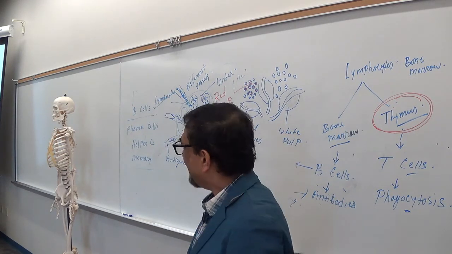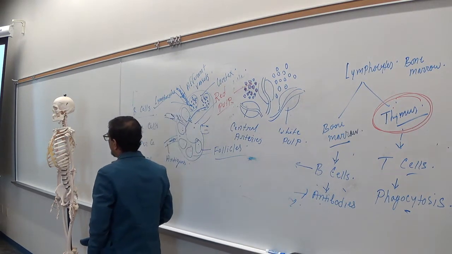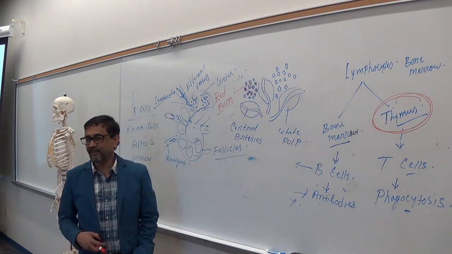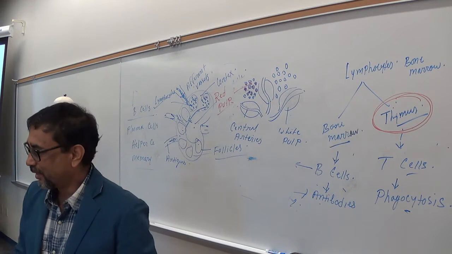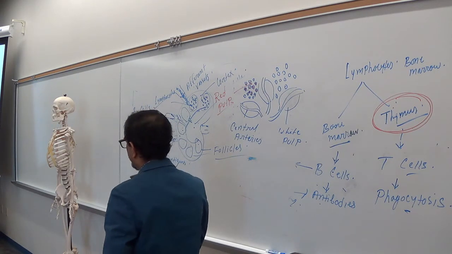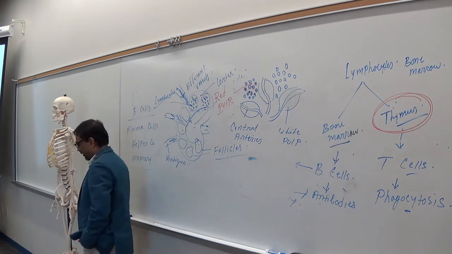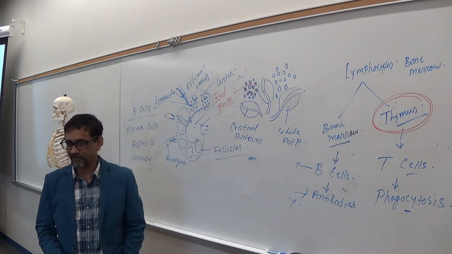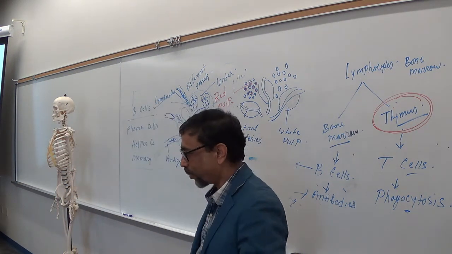So near the palate, that's why called palatine. Lingual tonsils are grouped at the base of the tongue. The tongue means lingual, you know that, right? Lingual means tongue. So lingual tonsils at the base of the tongue. And pharyngeal tonsil is located or attached to the nasopharynx. Nasopharynx. That's why called pharyngeal. Okay.